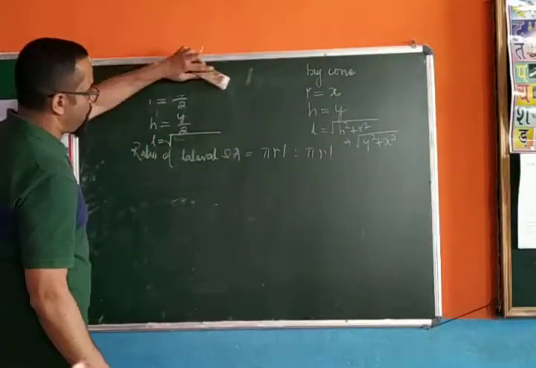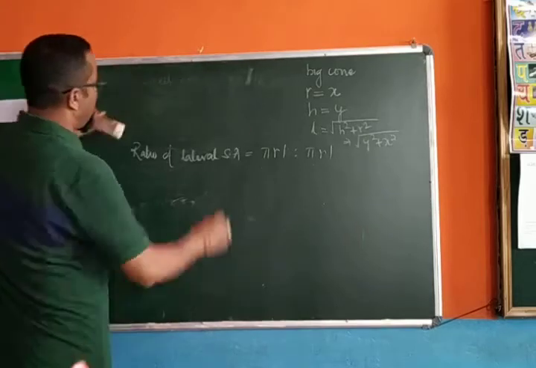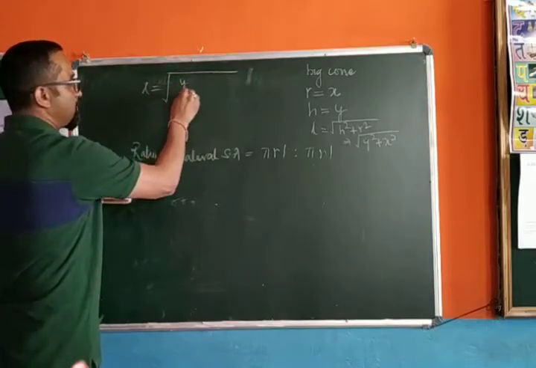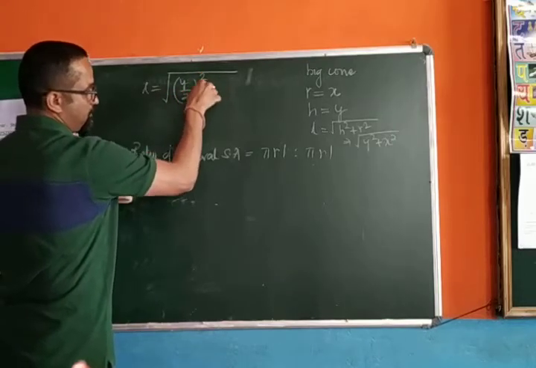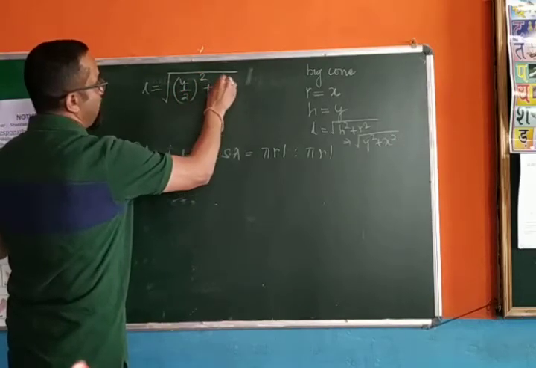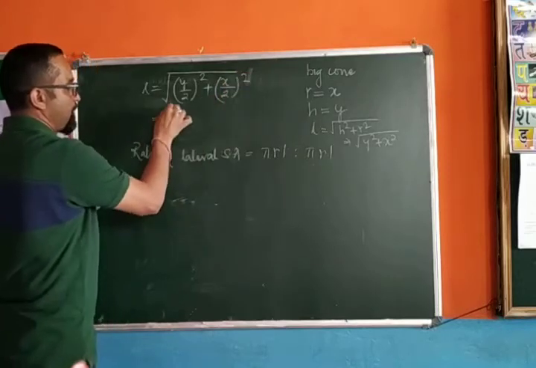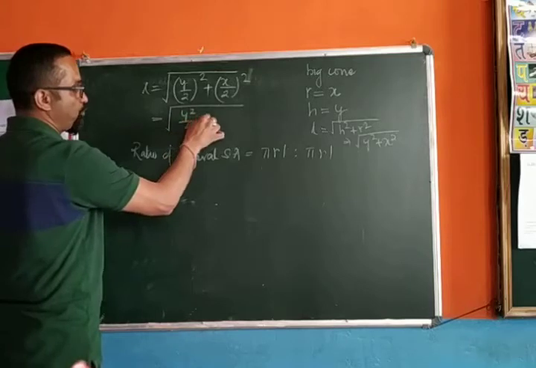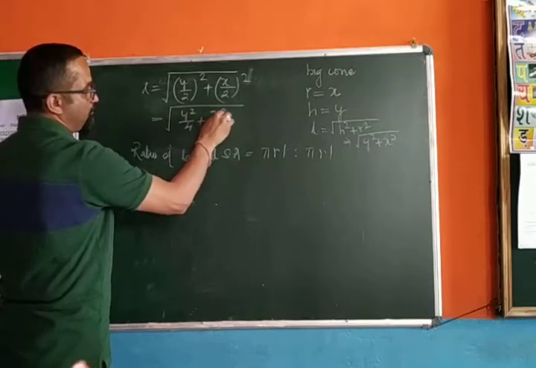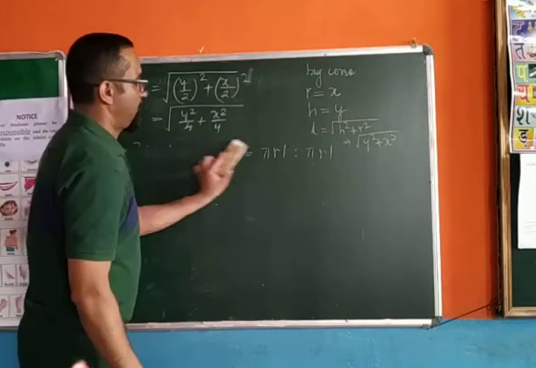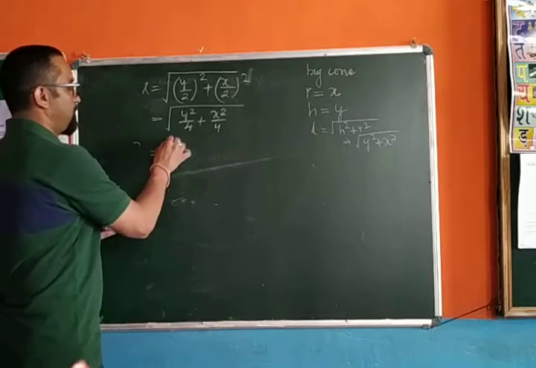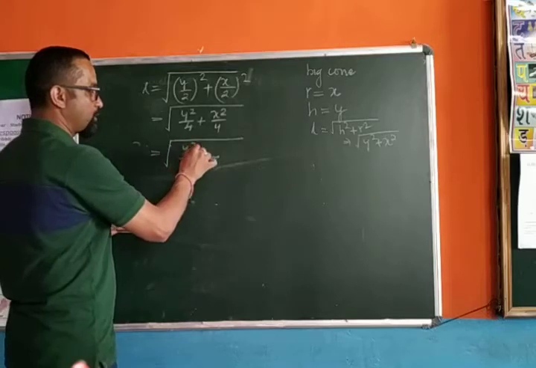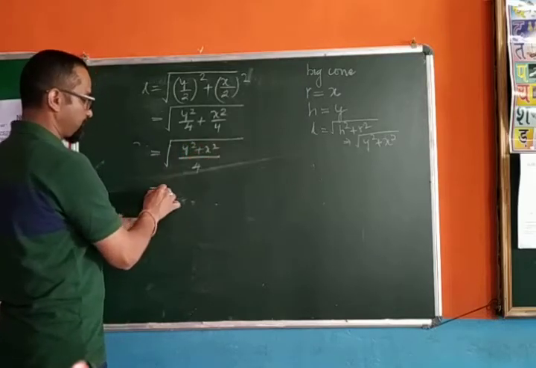Calculation for the small cone now. L equal to root under y divided by 2 squared plus x by 2 whole squared. You have to simplify this. y squared by 4 plus x squared by 4, which can be written with LCM 4 as y squared plus x squared over 4.